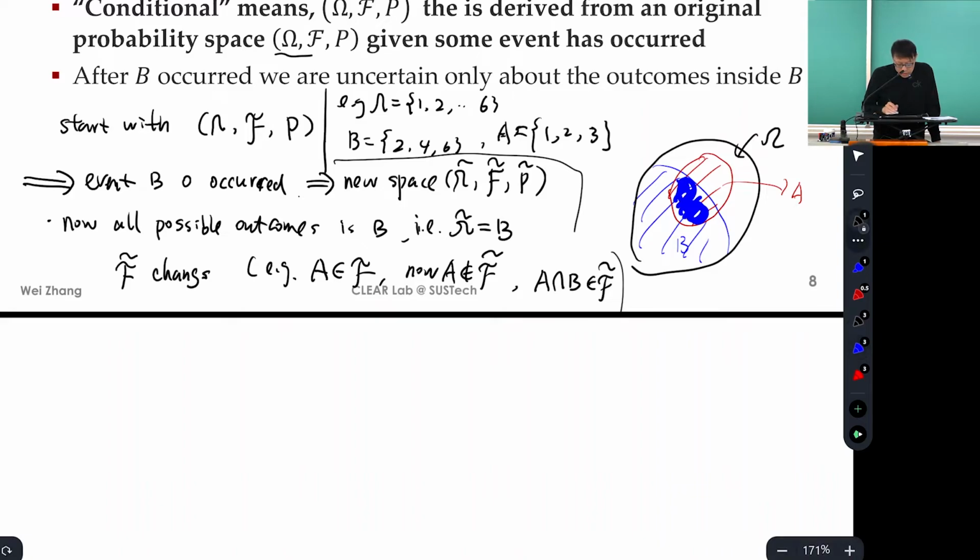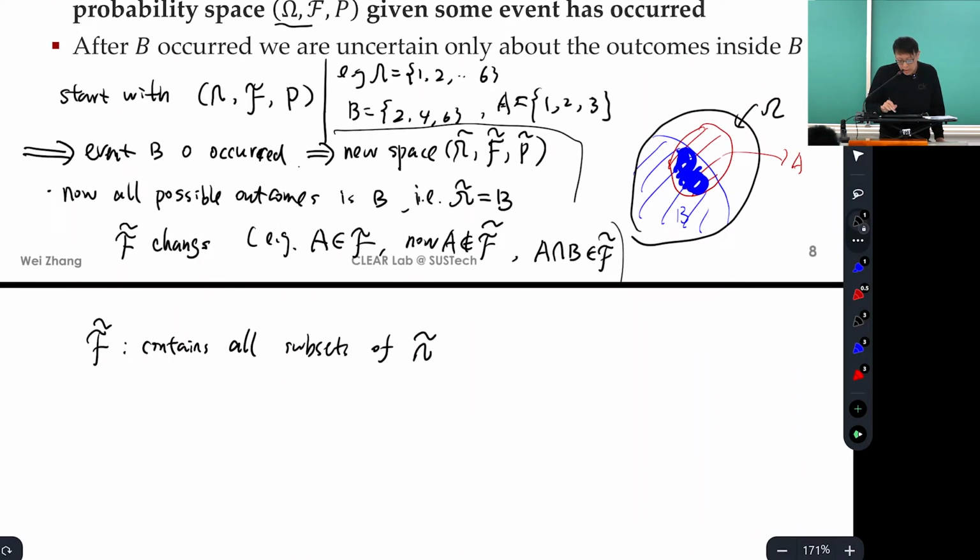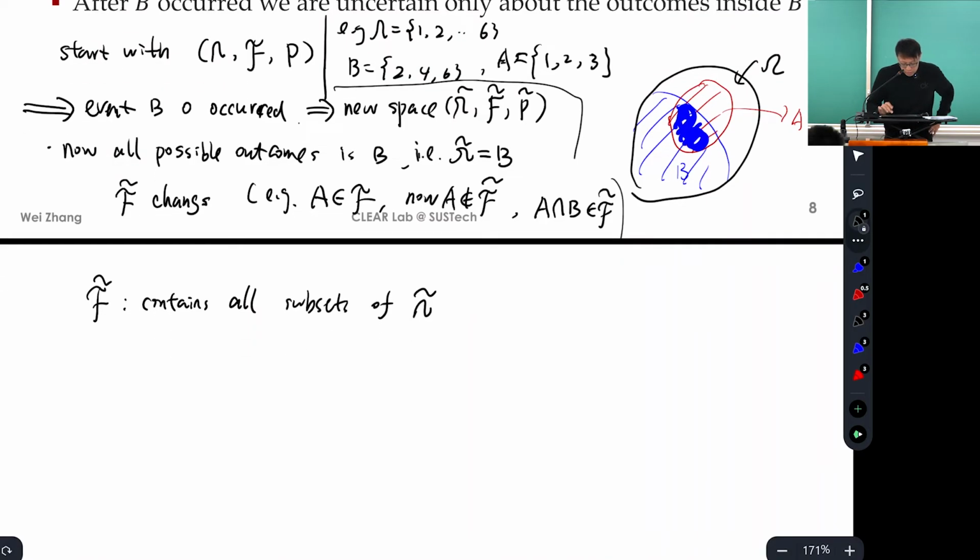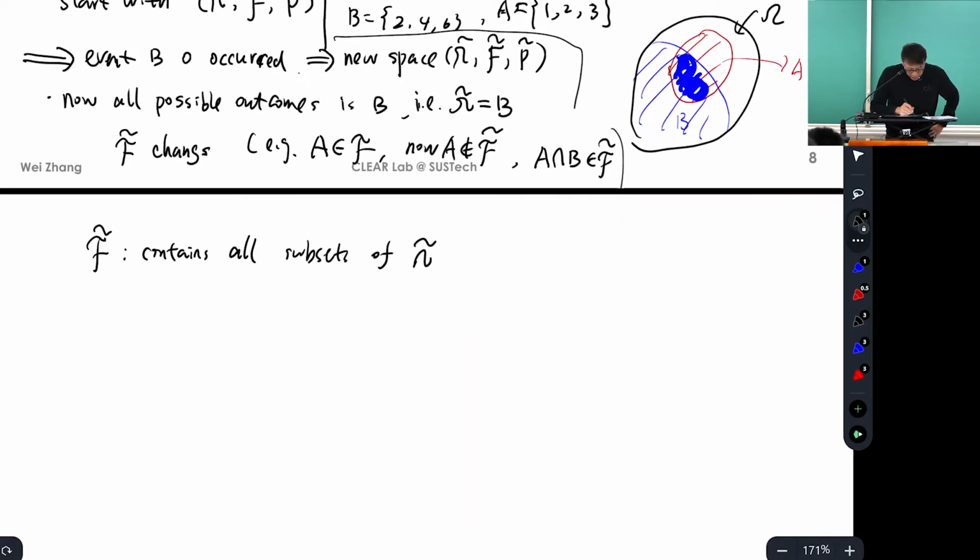So F tilde should contain all subsets of omega tilde, all right? A intersect B is a subset of omega tilde.